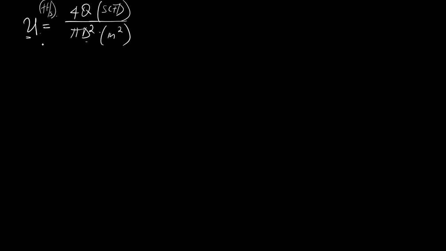So now we need a conversion factor that will relate this velocity, which is in feet per second, to Q, which is standard cubic feet per day, all over this diameter, which is in inches.